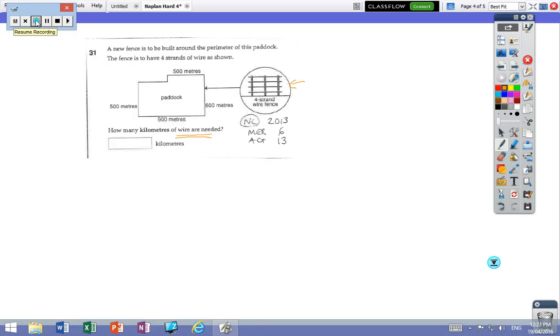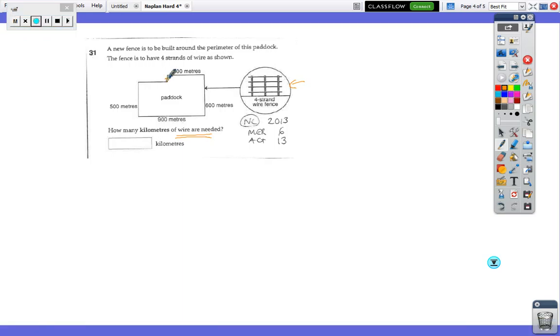Okay, so we've got a composite shape, but it's not actually that hard because this length here is going to be the same as that one, and that length there is going to be the same. So we actually have just a rectangle's worth of fence. So we've got 600 and 600 and 900 and 900.